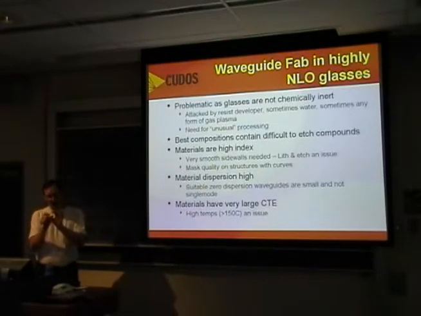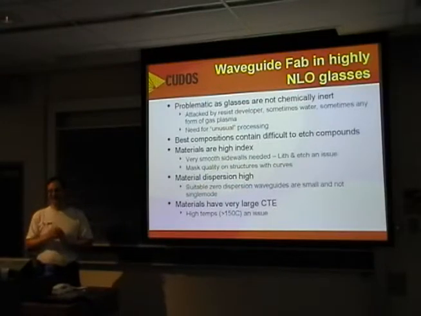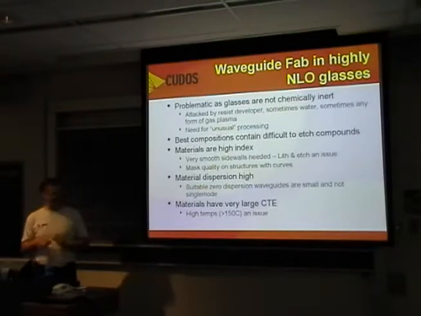You make a small, highly confined waveguide, any roughness on the side walls of that waveguide leads to massive scattering. So the lithography and the etching are really quite challenging. And in fact, it turns out that when you do what we're doing at the moment and work with non-reduction lithography, even the quality of the mask can be a challenge when you go around a bend due to the digitization.